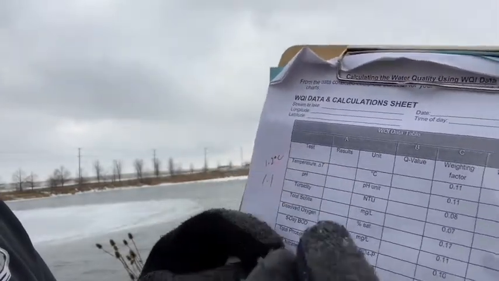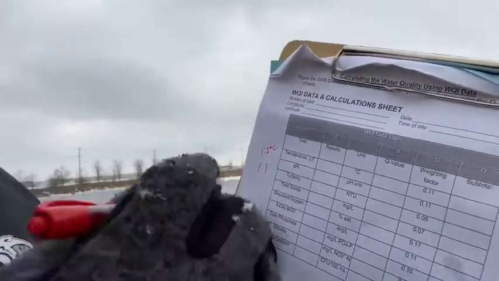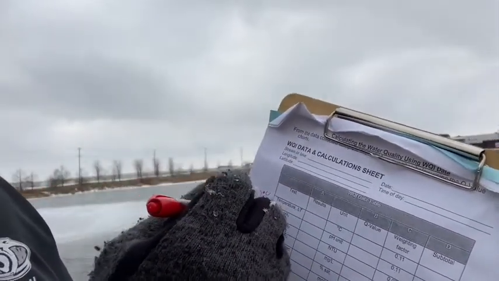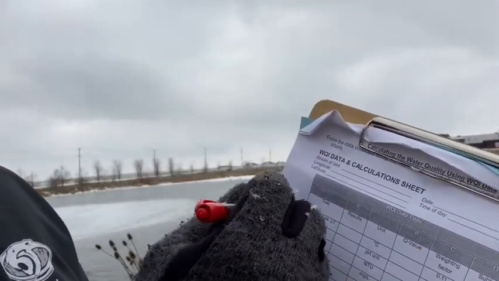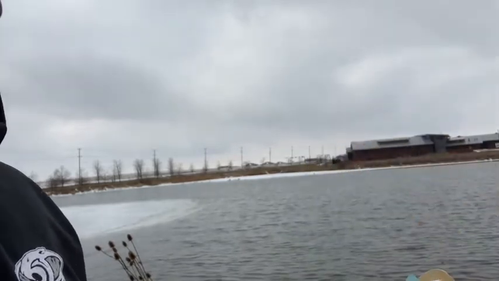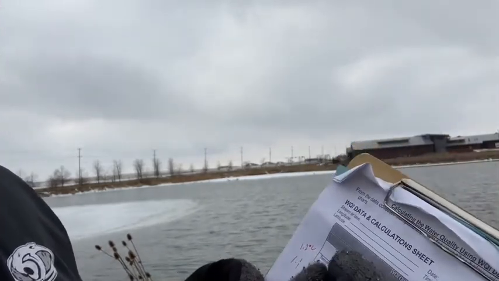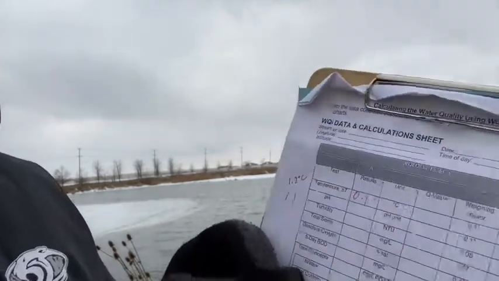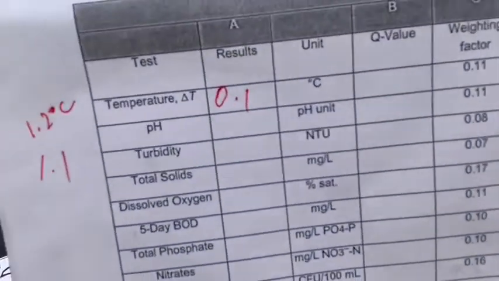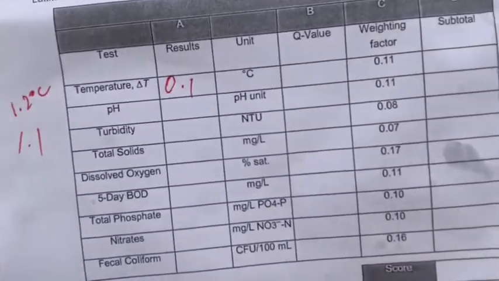And so in my chart, to find delta T, I'm going to subtract 1.1 from 1.2. So my result is 0.1. So my delta T is going to be 0.1.